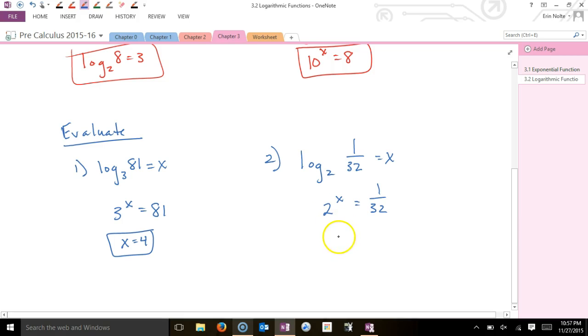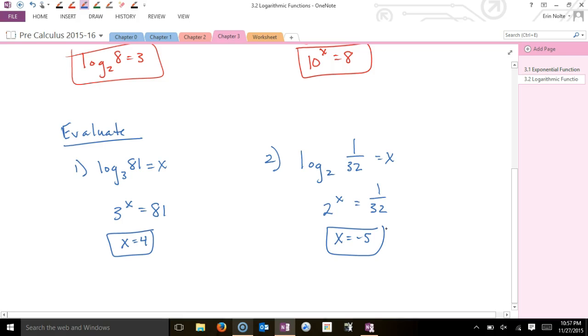Wow, that was fast. 2 to the negative 5 is right. You could also figure it out by just doing 2 to the 5th, and then knowing that a negative exponent puts it down into the denominator.